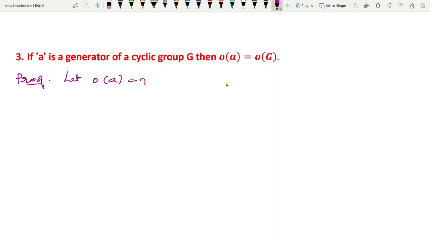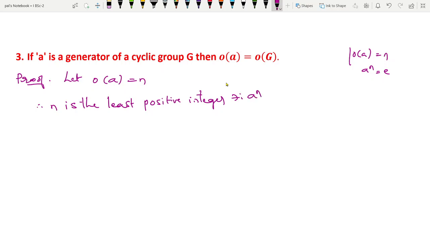That means if the order of A is n, then A to the power of n is equal to E, such that n is the least positive integer such that A to the power of n is equal to E. Therefore, we write that n is the least positive integer such that A to the power of n is equal to E.